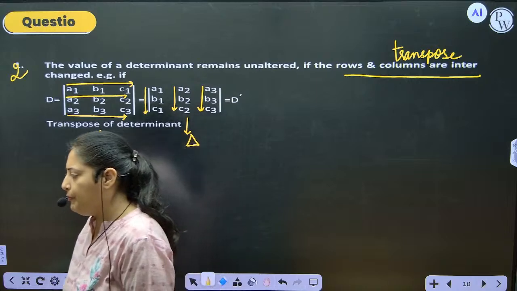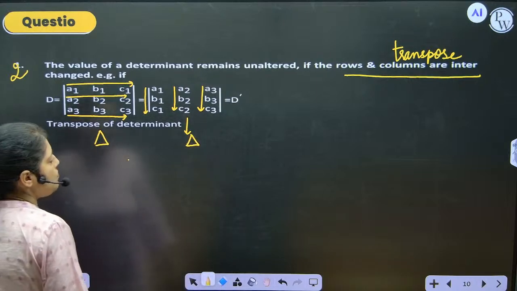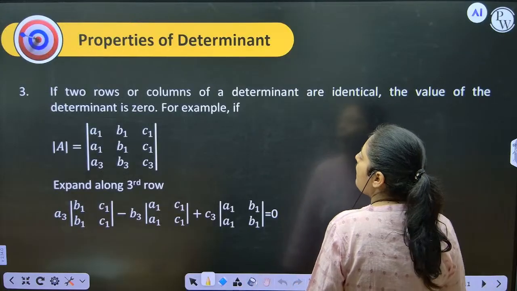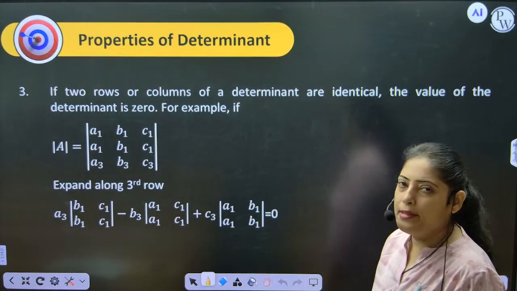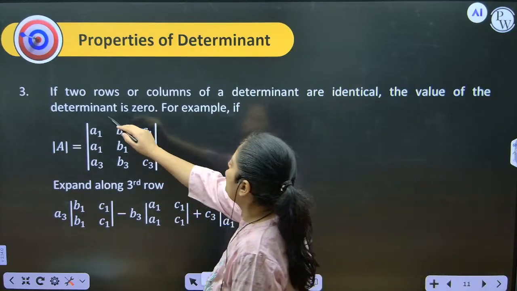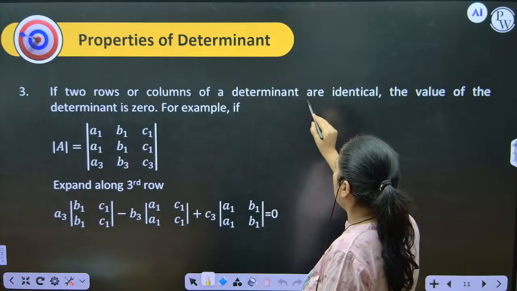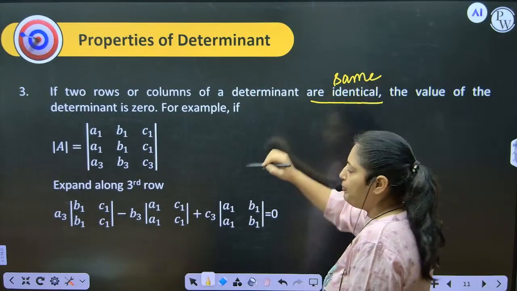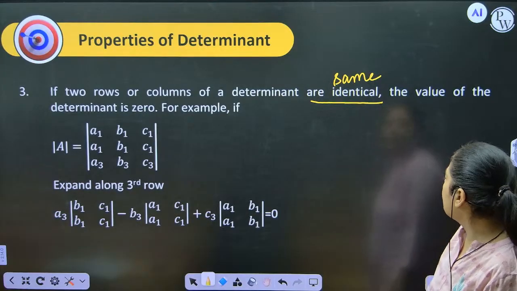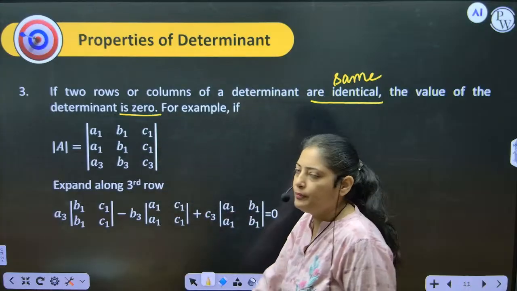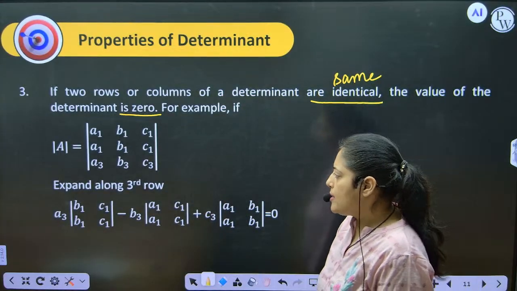Next. All right. Very important one. If two rows or columns of a determinant are identical, identical means same, the value of the determinant is 0. Okay, now what does it mean?